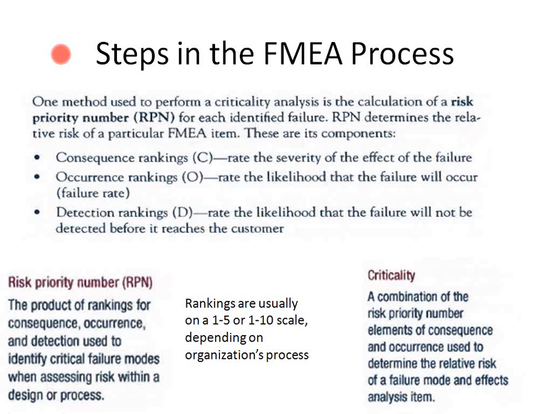Occurrence rankings rate the likelihood that the failure will occur. So that's almost like the probability that the failure occurs. And then the detection rankings rate the likelihood that the failure will not be detected before it reaches the customer. So again, do we have processes in place? When it says customer, you can replace it with something else, before it goes into operation.